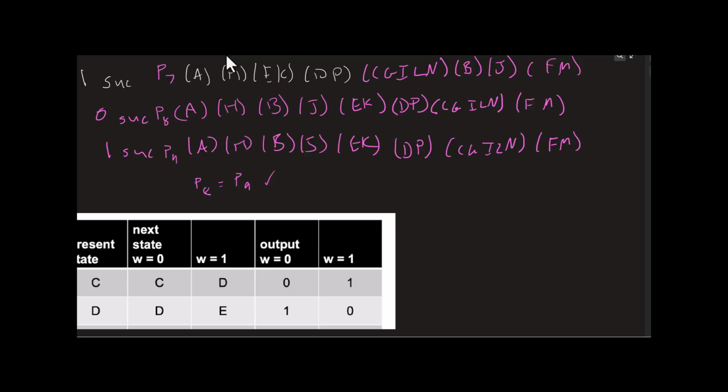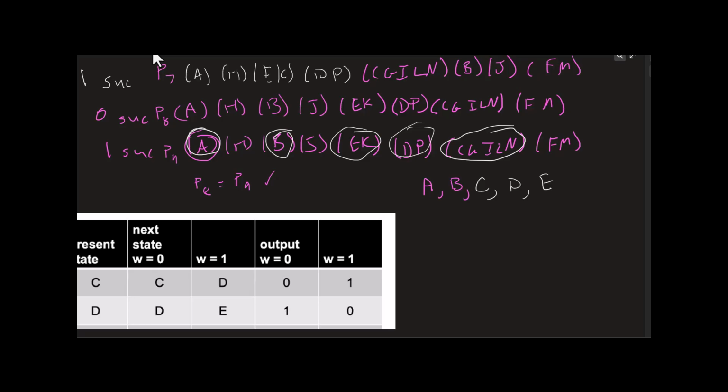To make your minimized state table, you have your minimized states. Then you pick a representative from each group. So I'll have A for this one, B for this one. I'll choose C for that one. I'll choose D for this one. It's obvious what I'm doing is I'm getting the smaller ones. You don't have to.